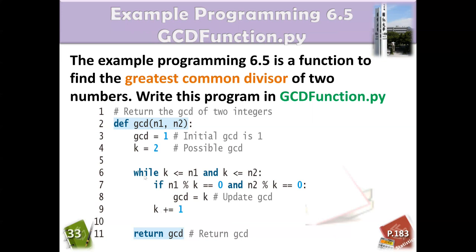Because this is a while loop, k will increment until it is no longer smaller than or equal to n1 and n2. And then the final GCD will be the greatest common divisor of the two numbers. So we will return GCD to the caller.